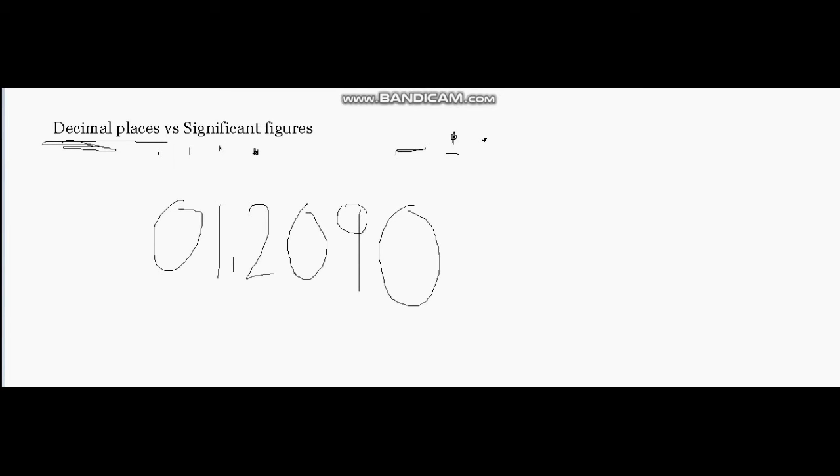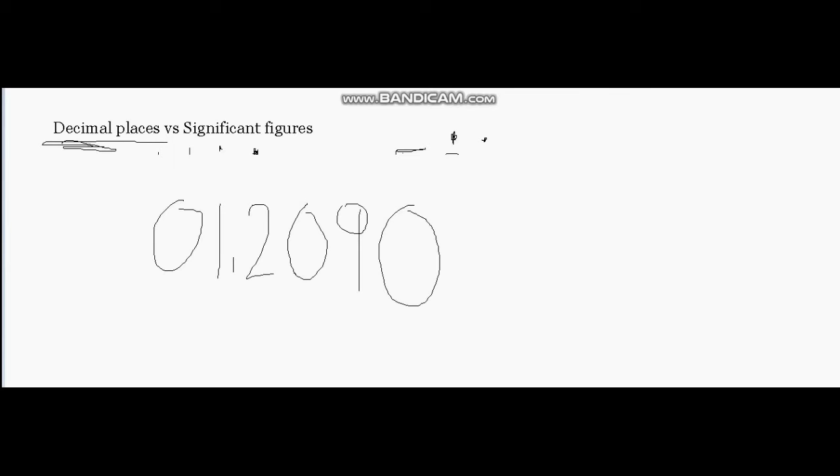So if we have a number, say 0, 1, 2, 0, 9, 0. So right here we have 01.2090.